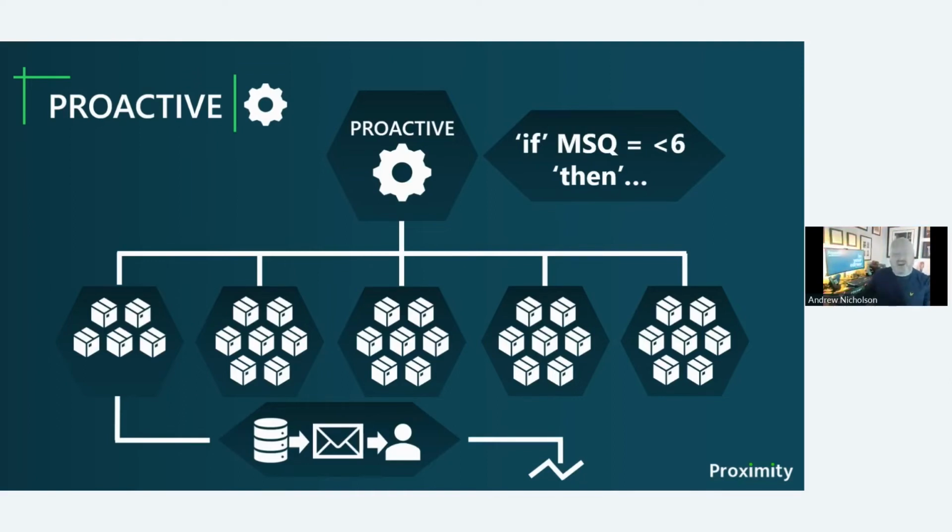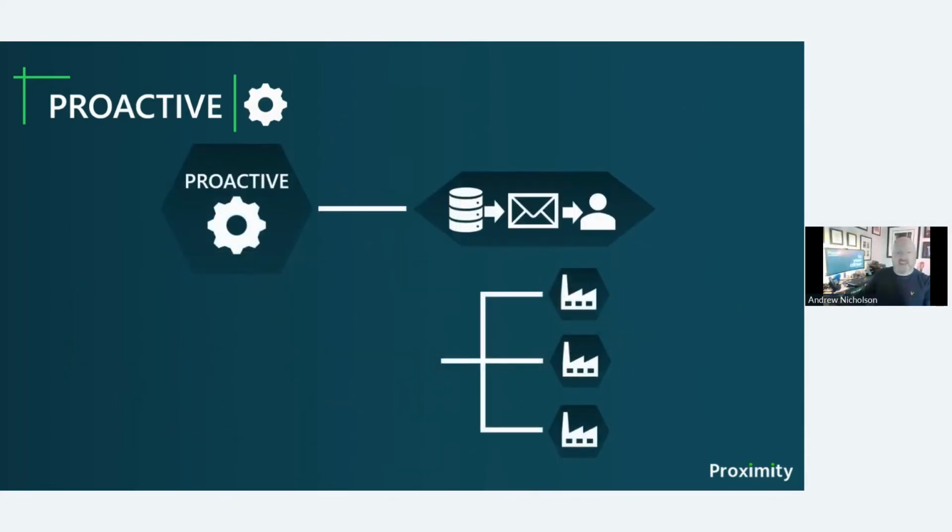But there's more, as we can multi-tier processes. We can add another rule to the process. In this case, we've also added a caveat that if the minimum stock quantity is less than 3, then, as there's potentially material urgency, I'm going to automatically create a sales order for this item. And that's Proactive to look into the supplier database and identify the supplier that carries the item we need.